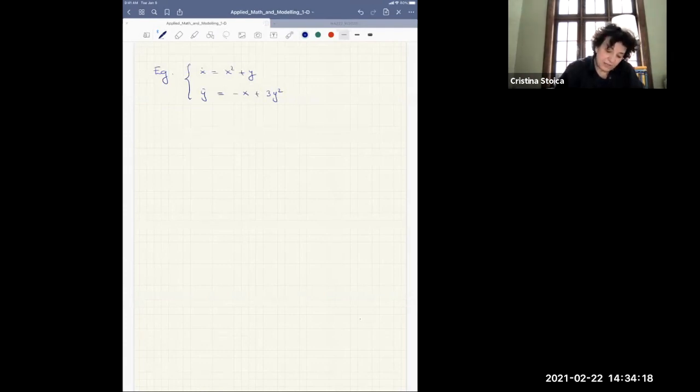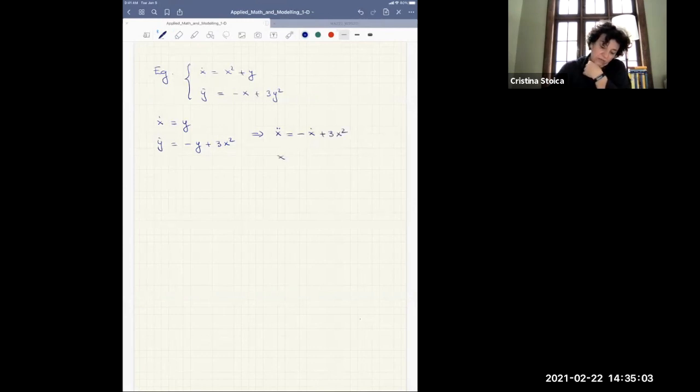And even if you take something like, on purpose, I'm going to do this one in this way. Let's say x dot is minus y plus 3x squared. In this case, I guess we could write x double dot equals minus x dot plus 3x squared, or something.